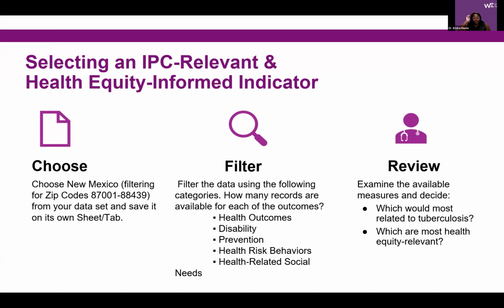All right, so for those who have the New Mexico file open, I want you to go to the filter button just to take a look at the different outcomes within your measures.